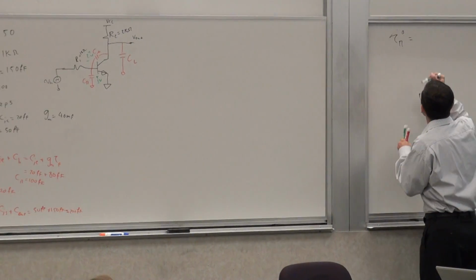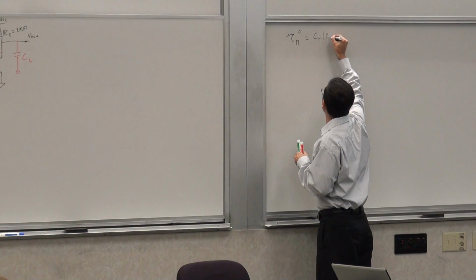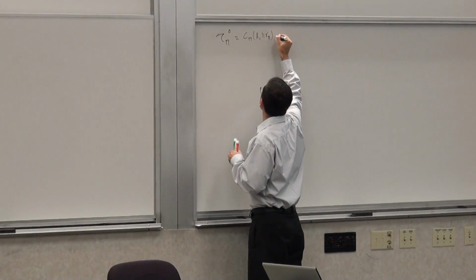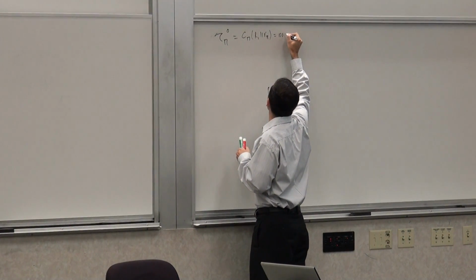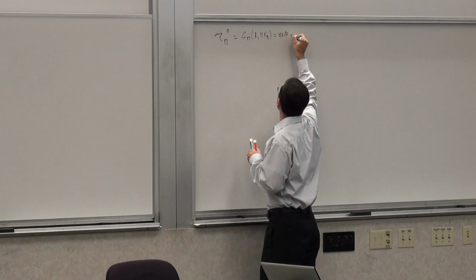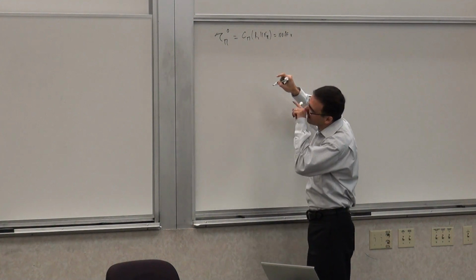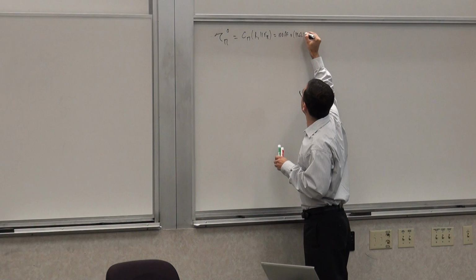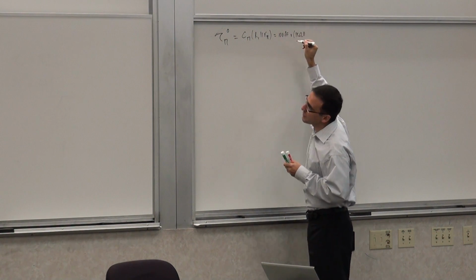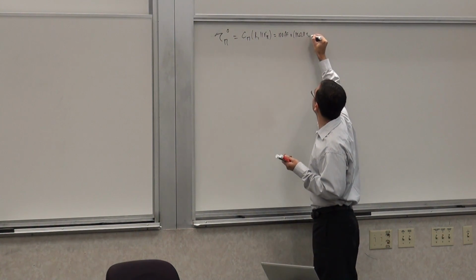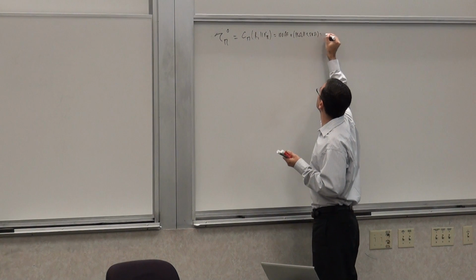So this is basically C pi times R1 parallel R pi, which is 100 femtofarads times, what is R1? R1 is 1 kilo ohm parallel R pi, which is 2.5 kilo ohms, right? So what is that?